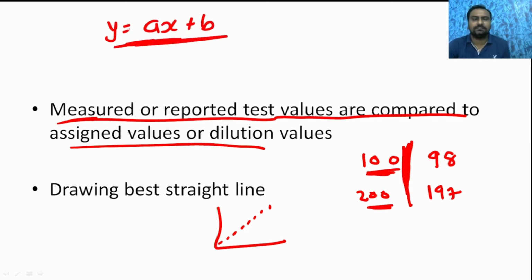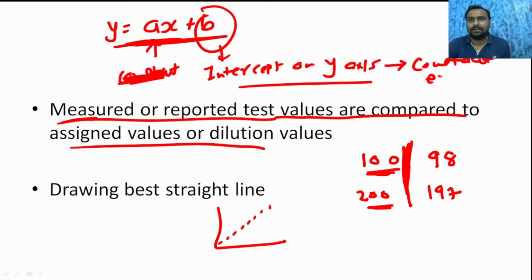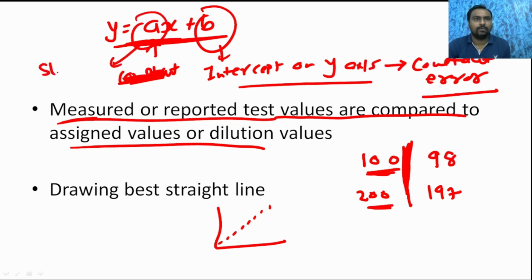I will share the link in the description and also in the suggestion box. This b is the intercept on the y-axis, which is our constant error, while a is the slope, and it gives an idea about the proportionate error.